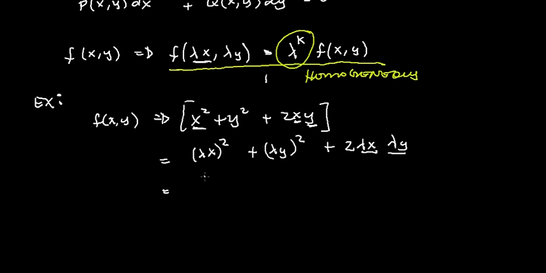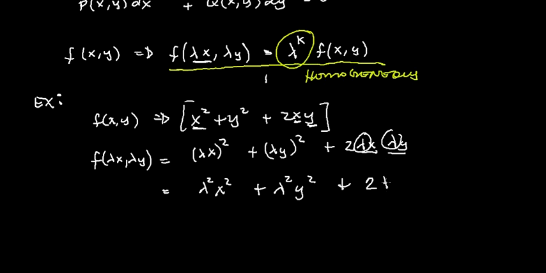By simplifying this, we have lambda squared x squared plus lambda squared y squared plus 2 lambda times lambda, which is lambda squared xy.